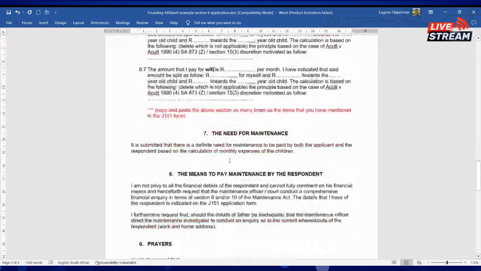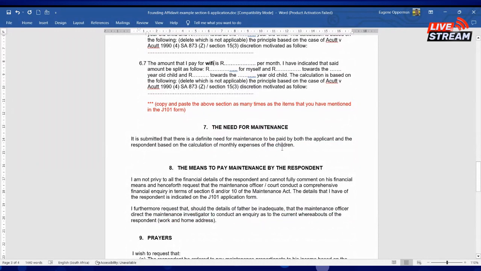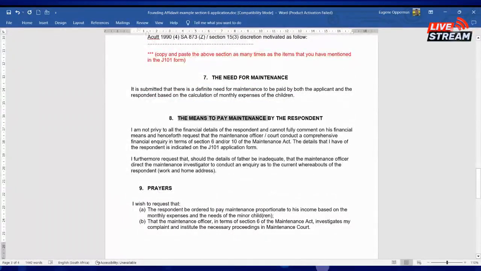If we continue with the affidavit, the need for maintenance, it is submitted that there's definitely a need therefore. Obviously, the means of the respondent, you would not necessarily have the salary slip or the pay amount that the respondent pays.